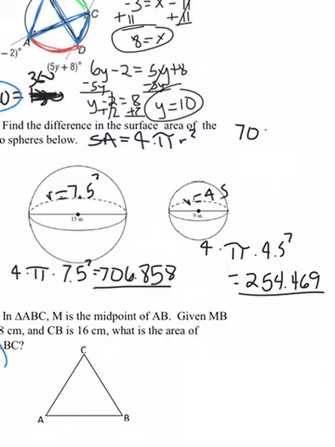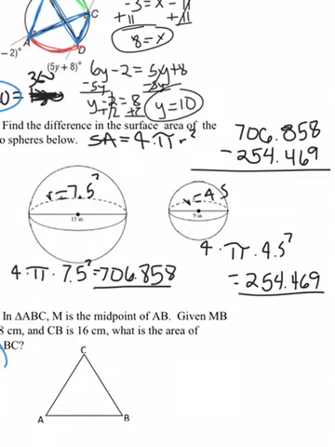So 706.858 minus 254.469. Put it in your calculator. You should get 452.389, so we can round that to 452.4 inches squared.